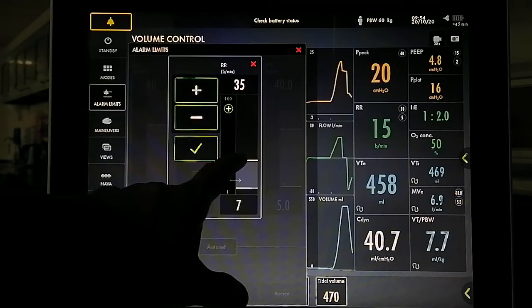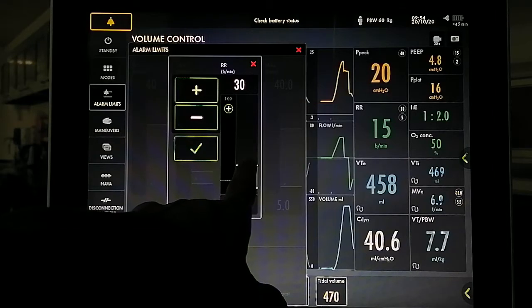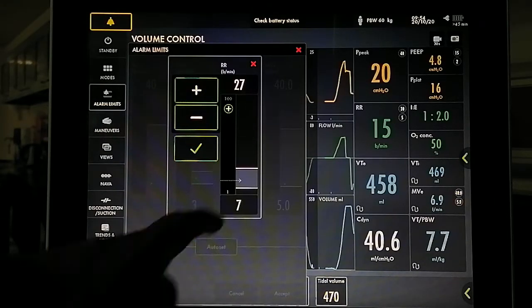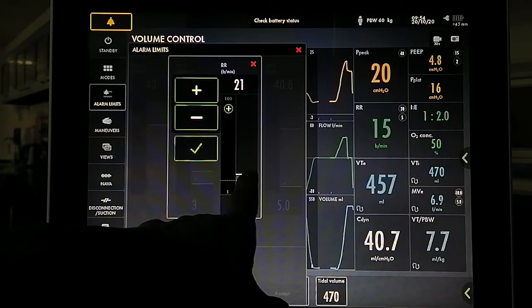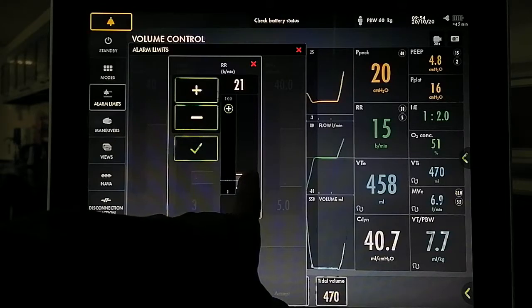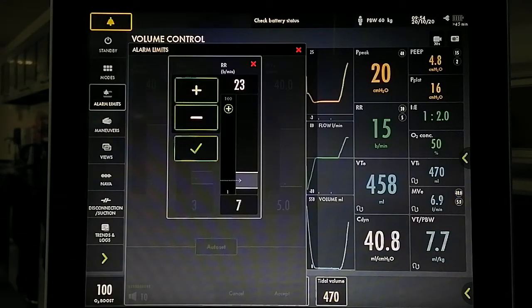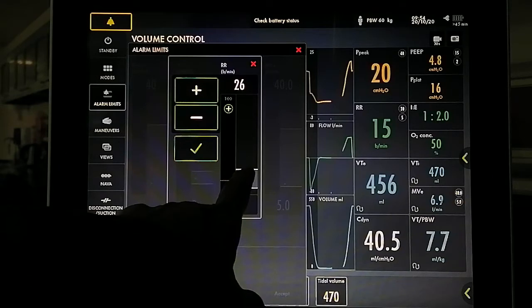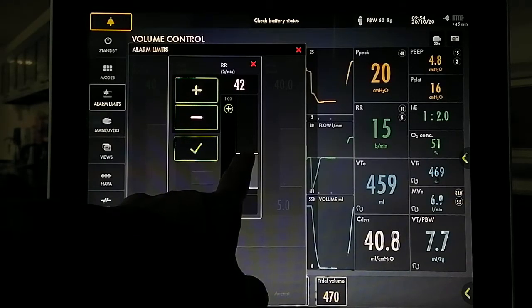According to your guideline, we can begin at 20, although depending on your settings, they may start at 16 or 12. So we can start at 20 and then the maximum is 40.